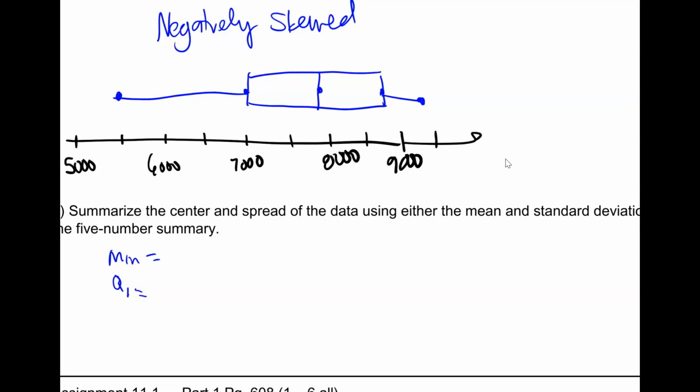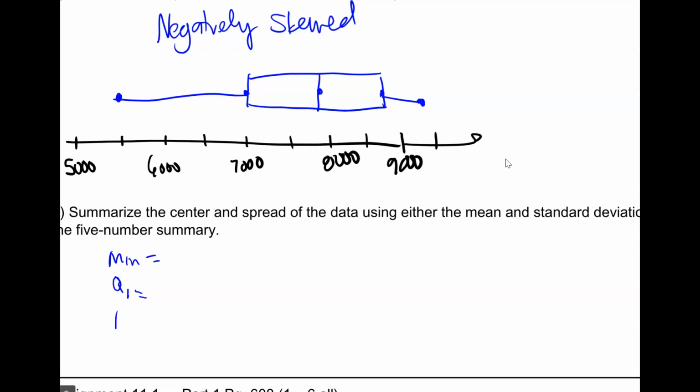So if you have something that's symmetric, you might as well just use the mean and standard deviation. I'm distinguishing when you use them. Symmetric, use standard deviation and mean because those are non-resistant. Versus when something's skewed, it's better to just do the 5-number summary.